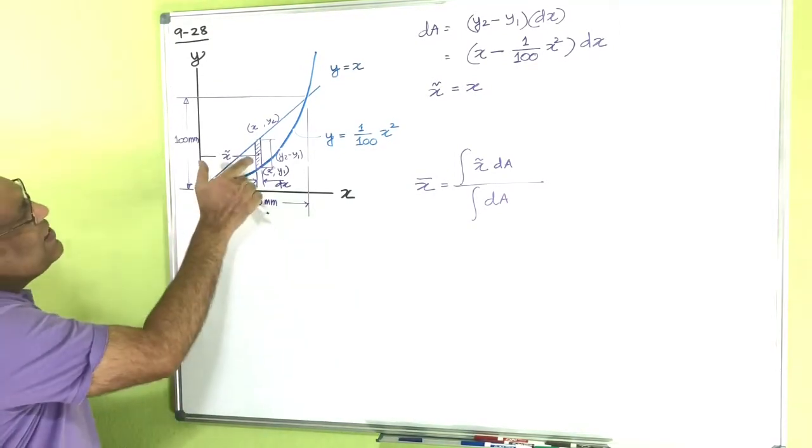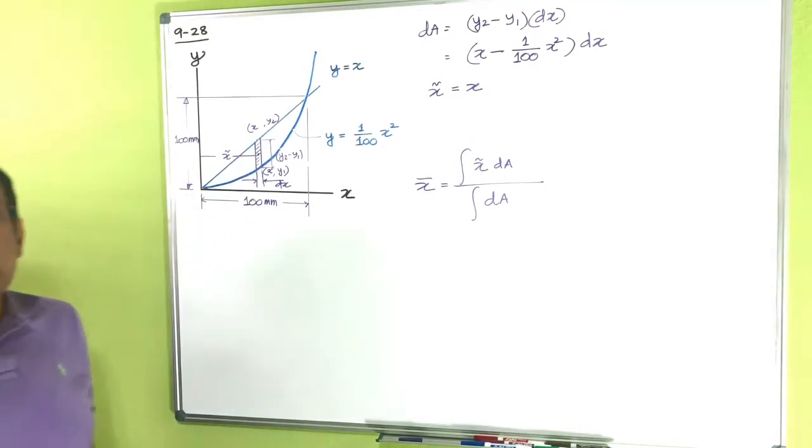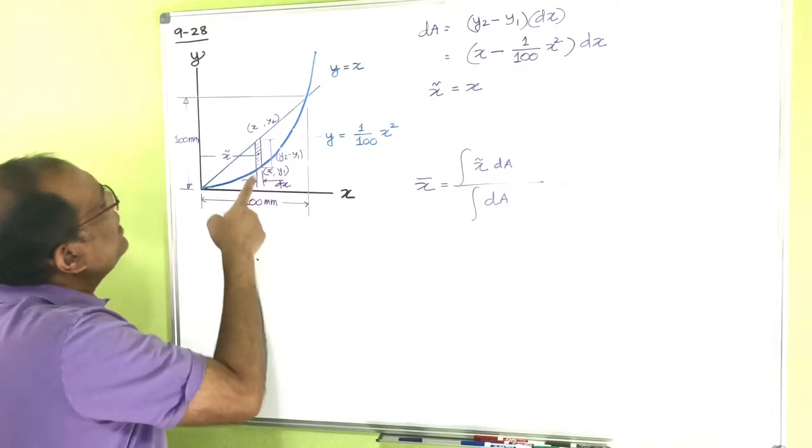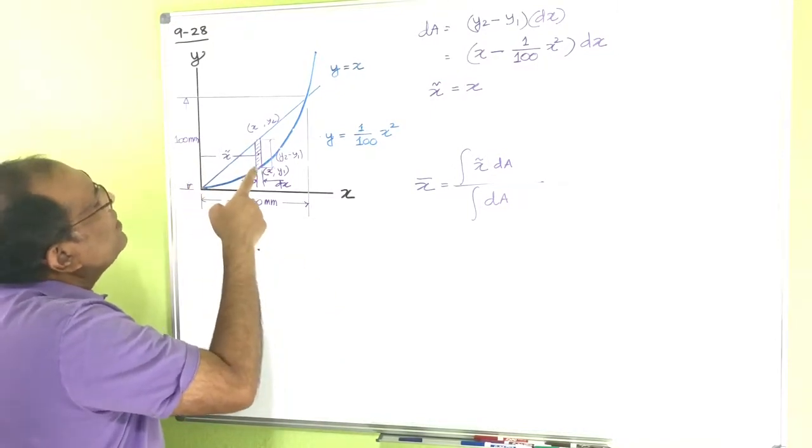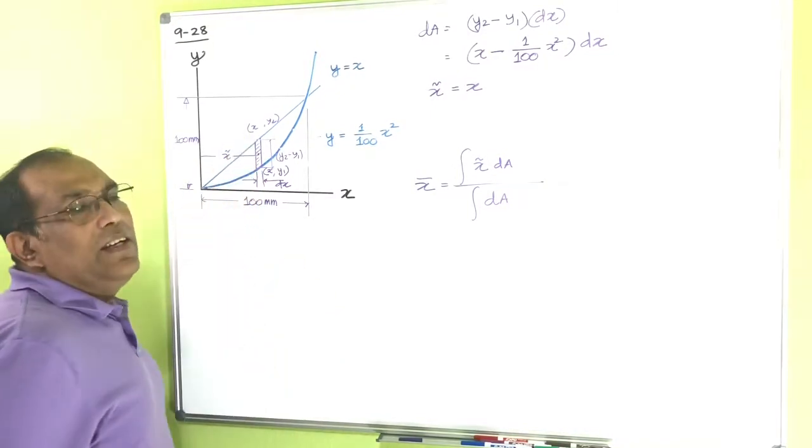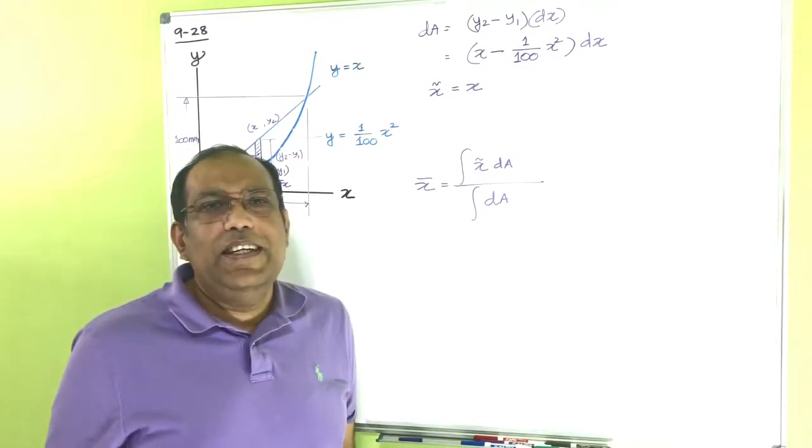You can see the centroid of that small area is actually the same from here to here because this is x here, right?